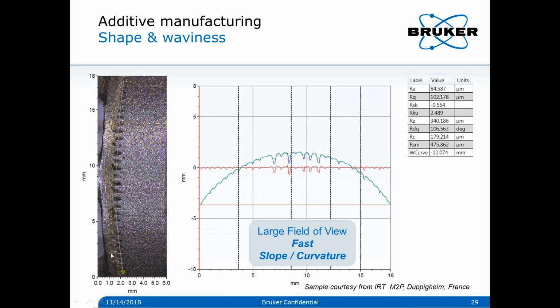So this is an example of a complex part built through additive manufacturing. This is made of aluminium powders, and what you see is a large field of view of 18 millimeters by 6 millimeters, and you see the sections where you see in blue the wall shape, and this is one-to-one aspect.